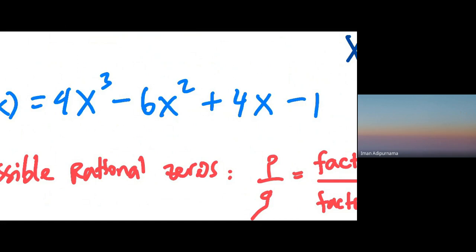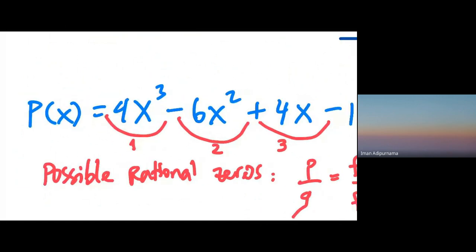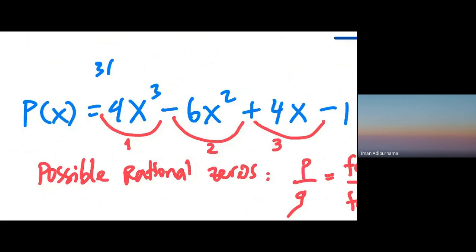So plus to negative, we write there is 1 change. From negative to positive, there is also a change. This is 2. And from positive to negative, it's also a change, right? So we have 1, 2, 3, 3 variation changes. That means we will have 3 positive roots or 1 positive root.